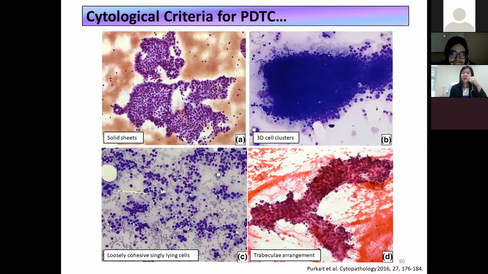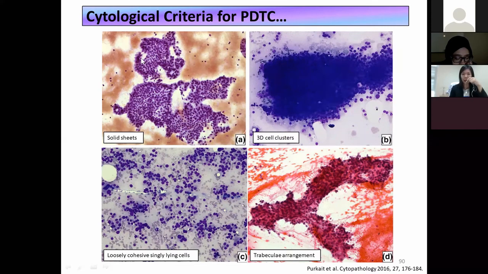Okay, so these are some useful cytological features to diagnose a poorly differentiated thyroid carcinoma. As mentioned by Prof. Sharifah earlier, this entity is usually very cellular. They lack the microfollicular pattern. They have solid sheets, insular growth pattern.